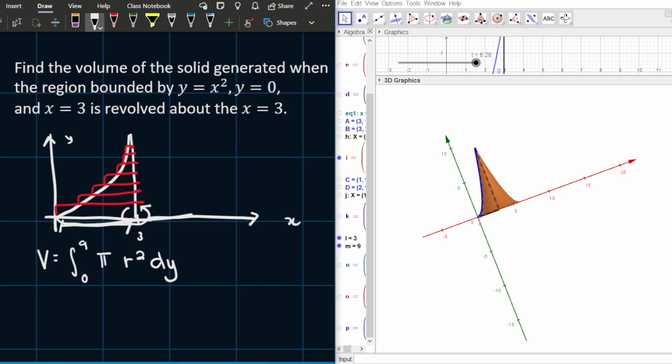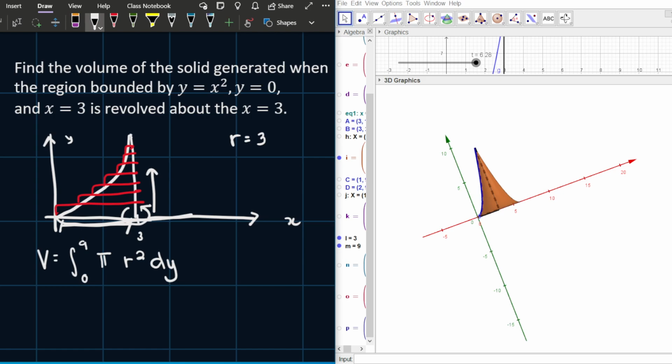Notice that the radius of each circle would actually be this part here, no? Itong part na to. Okay? So, magsisimula tayo sa radius equal to 3. However, as we move along the curve, or kung aakyat tayo dito sa graph na to, yung radius notice ay paliit ng paliit.